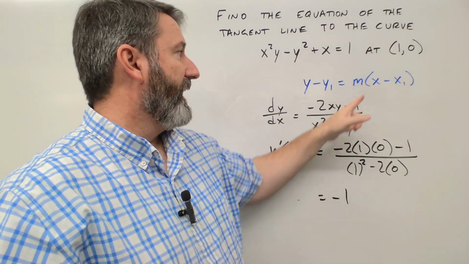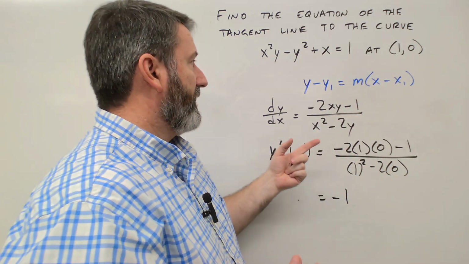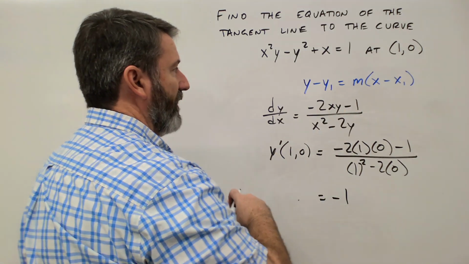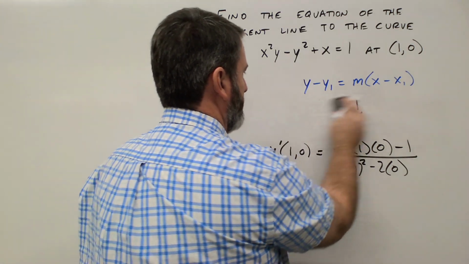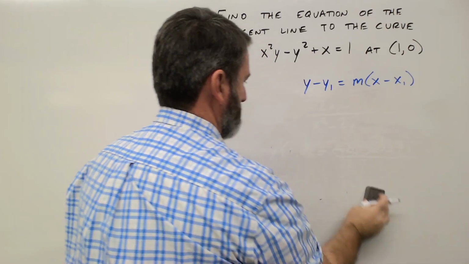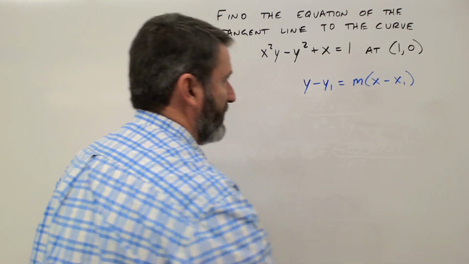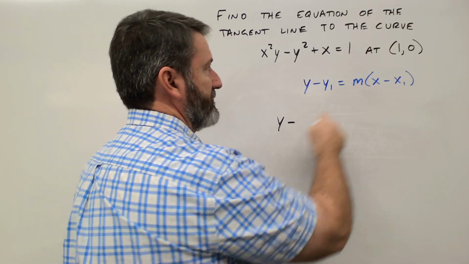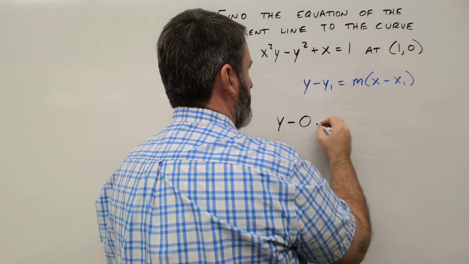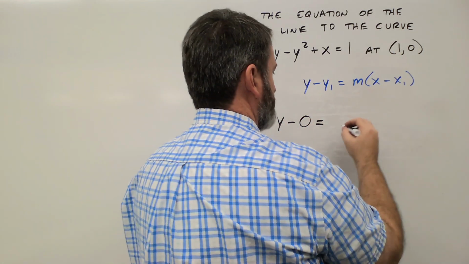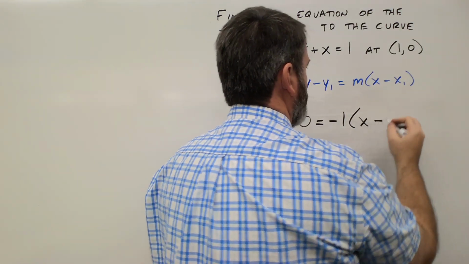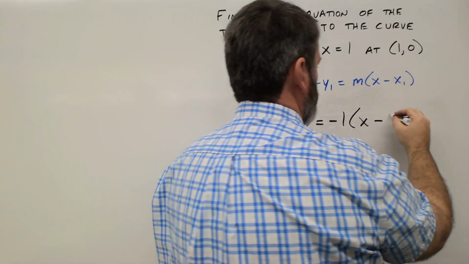So that's the slope of our tangent line. And now we're ready to plug in everything that we know into the point-slope form for a line. So we know it's y minus y1, which is 0, is equal to our slope, which we said was negative 1, times x minus x1, which is 1.